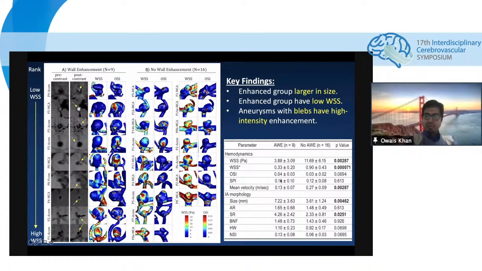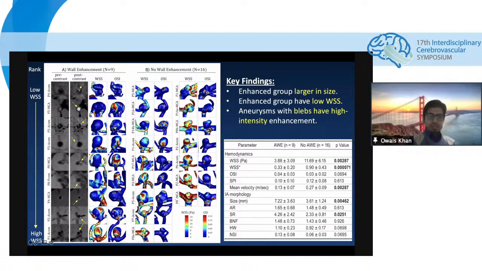So the only metrics that were able to distinguish between enhanced and non-enhanced groups were wall shear stress, normalized wall shear stress, and obviously mean velocity, because that's correlated with wall shear stress. And from the morphological analysis, only size and size ratio showed significant differences.